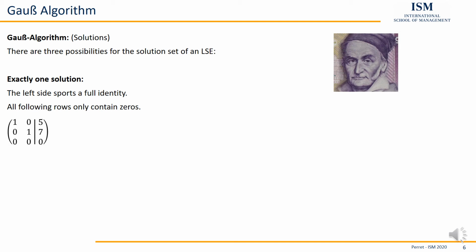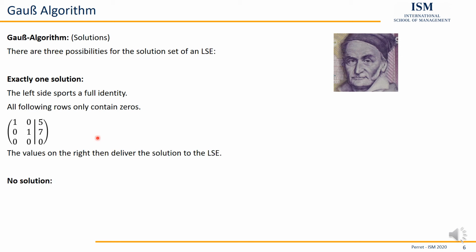So for example, something like this. We have a full identity matrix here. Below here, we have one row where on the left and the right, there's only zeros. This means we have exactly one solution, and the solution is given here on the right of the identity matrix.